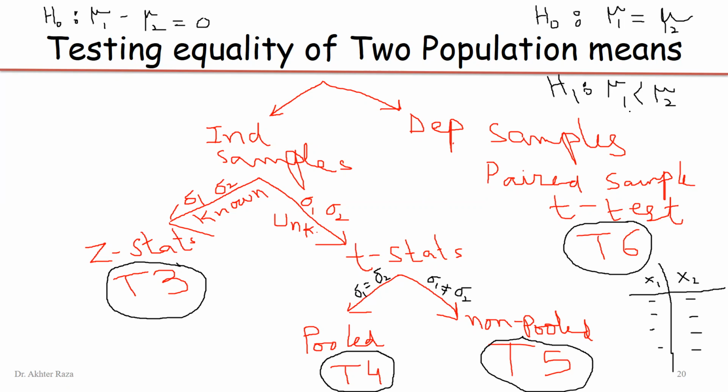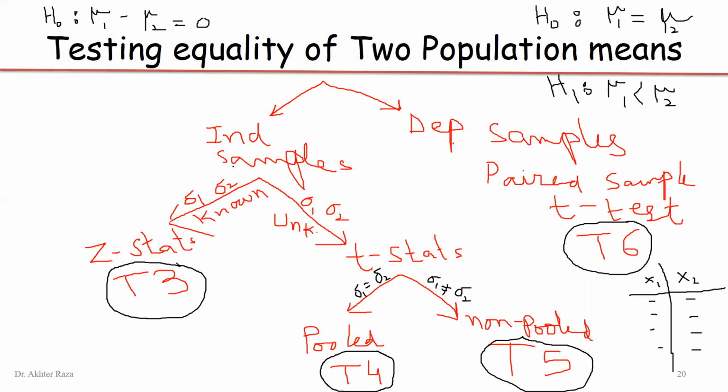This may also be described as the difference being some number. Suppose the testing center is claiming that the difference is 10 points, or 20 points. If the statement is described this way, that the difference will be equal to 10 points, then the null hypothesis will be mean 1 minus mean 2 is equal to 10, and the alternative is mean 1 minus mean 2 is not equal to 10.